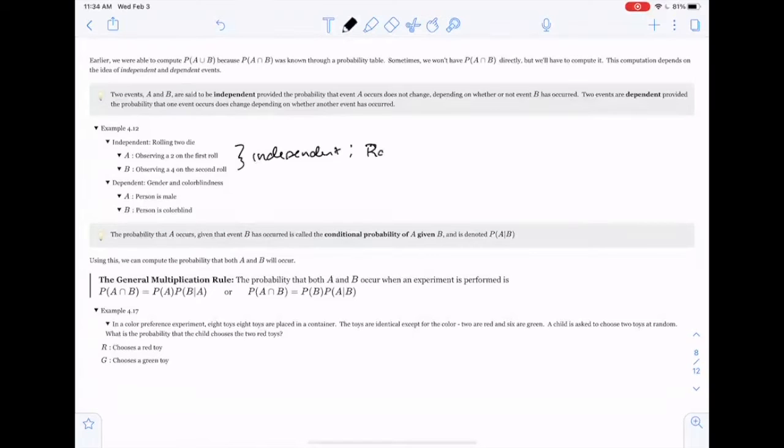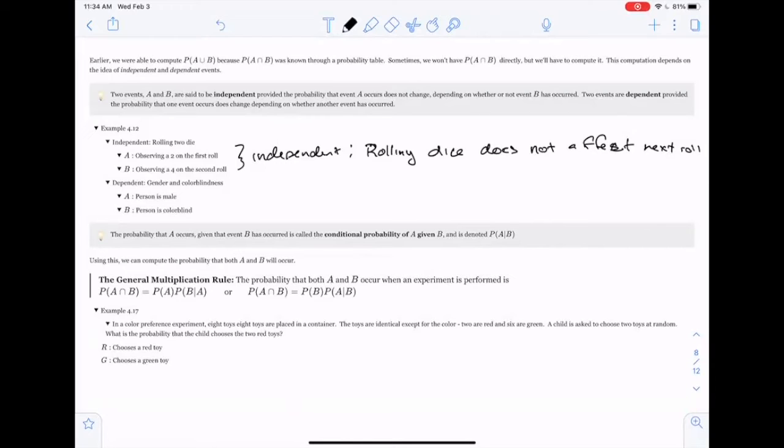Rolling dice does not affect the next roll. If I roll a 6 on one and a 4 on the other, that has no effect on whether that second dice roll is going to be a 4 or not.